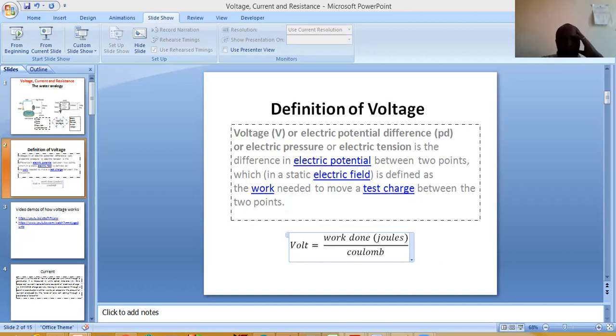Now, what you are seeing here is that the voltage, being on the upper part of this triangle, is given by multiplying current and resistance. So this triangle is kind of helping you remember very fast the relationship between voltage, current, and resistance.